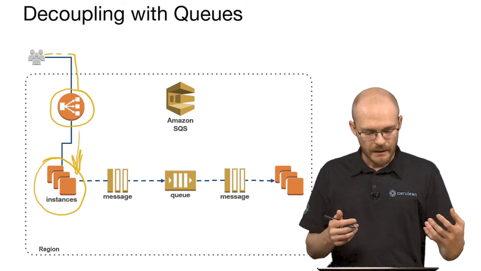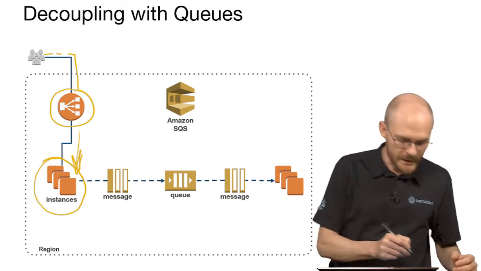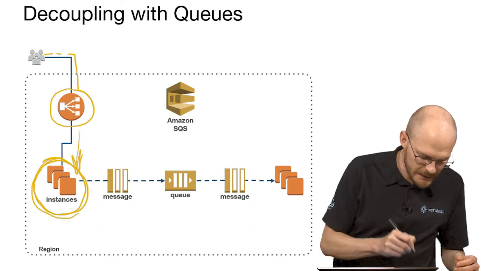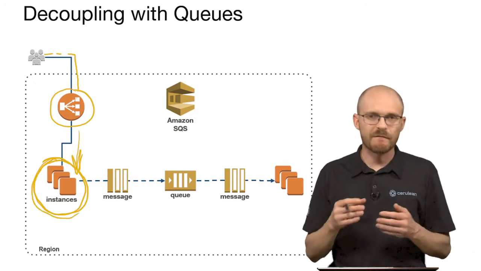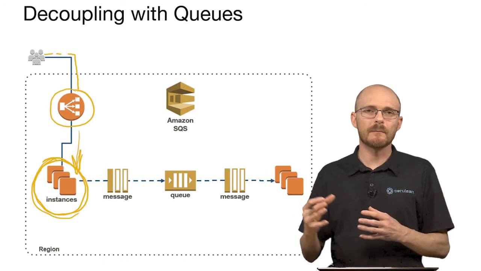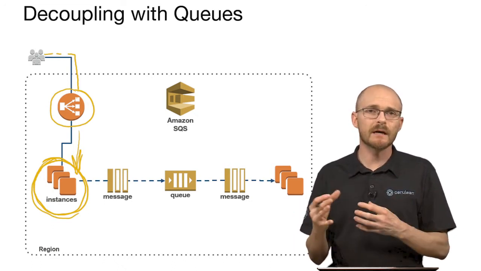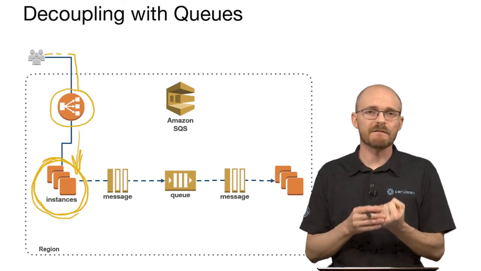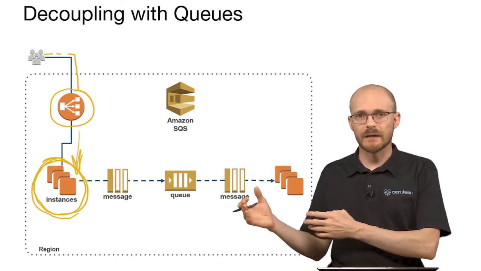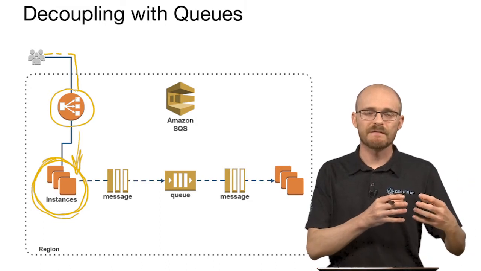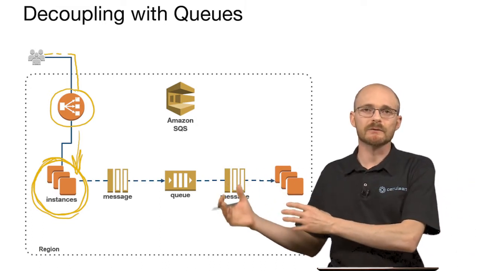And so the idea here is that we don't really want to rely on our backend instances here to perform everything. We want to decouple, for example, if we're ingesting images, we want to decouple image ingestion from image processing, right? We want to decouple a user requesting a report from the report actually being generated.